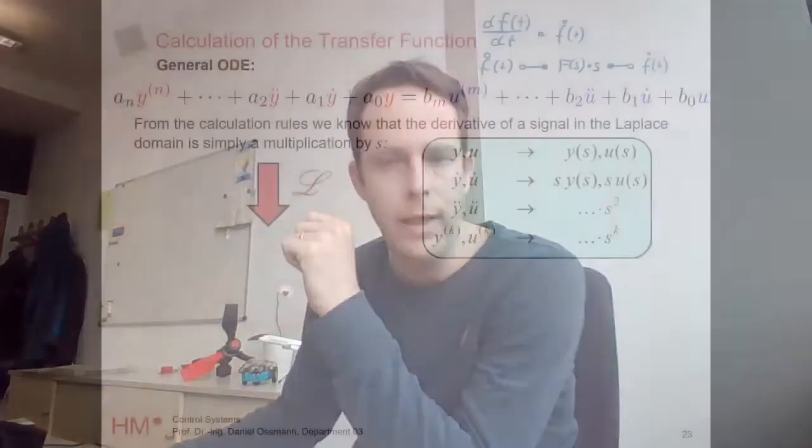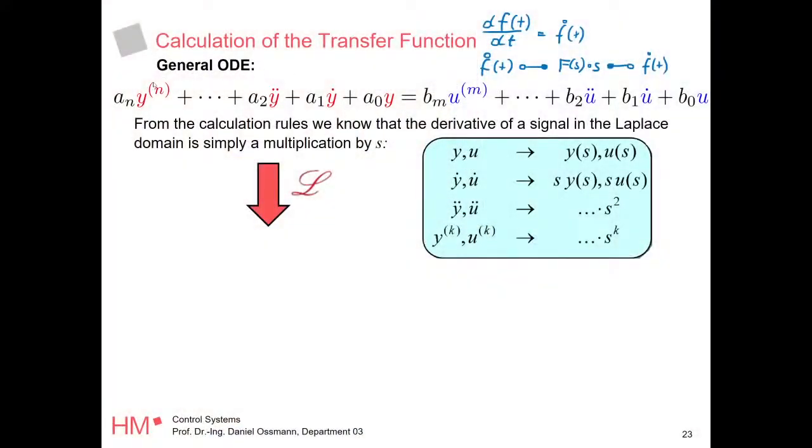Why? Well, take a look at our ODE here, not the transfer function yet. We've got y, we've got y dot, we've got y double dot, and so on. And we know if we take that y of t and transfer it into the Laplace domain, it's going to be y of s.